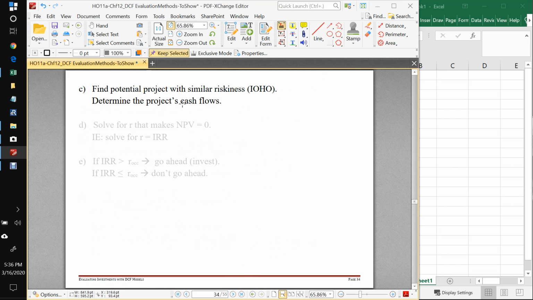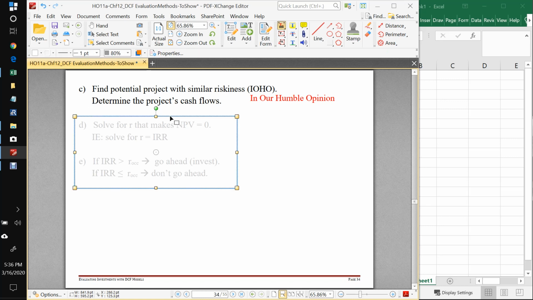So then we want to, just like with the NPV method, find potential projects with similar riskiness, IOHO, which stands for in our humble opinion. Okay, so this is clearly subjective. Other people might disagree. So we find a potential project that we think has similar riskiness, determine its cash flows.